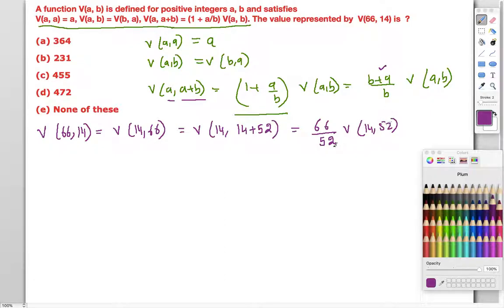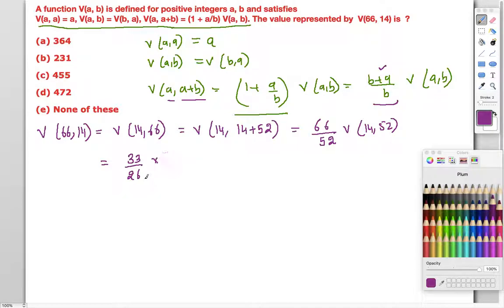Now further we need to simplify V(14, 52). 66 by 52 comes out to be 33 by 26 if you simplify. So 33 by 26 into V(14, 52). This is again (a + b)/b.